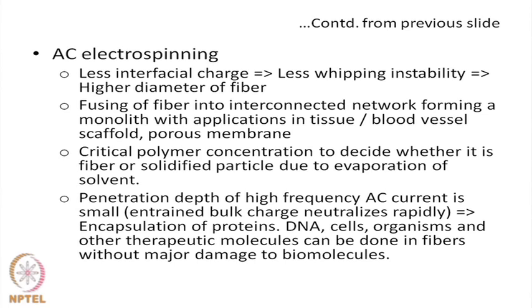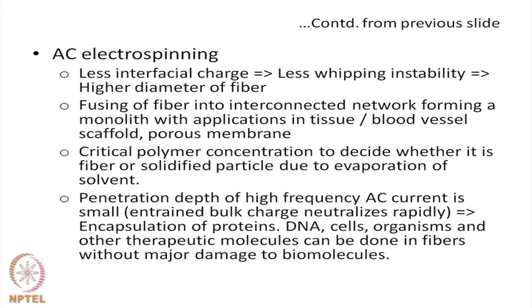Now on top of this, if there is evaporation going on simultaneously, there is a possibility that it gets evaporated on the way, and then in that case there would be a solidified particle rather than a fiber. Whether it would be a particle or a fiber would be decided by the critical polymer concentration.